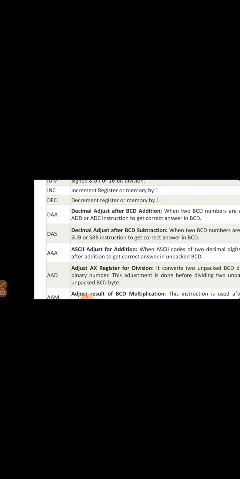So this instruction is used when we want to add two BCD numbers. After that, the ADD or ADC instruction is used to get the correct answer in BCD.